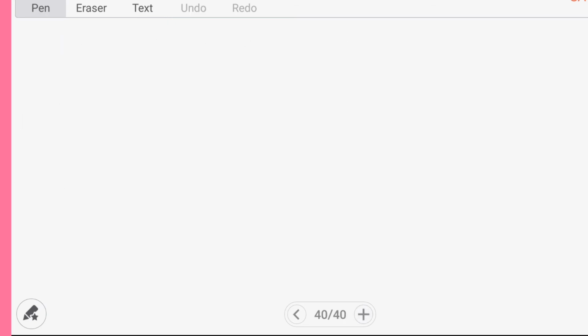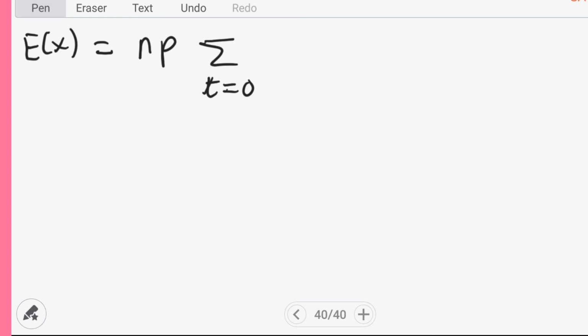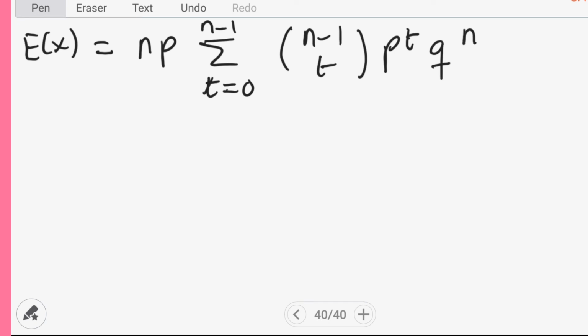Let's rewrite it again. So we have the expected value of x, which is now np, summing on t from 0 to n minus 1, n minus 1 combination t, p to the power t, q to the power n minus t plus 1.